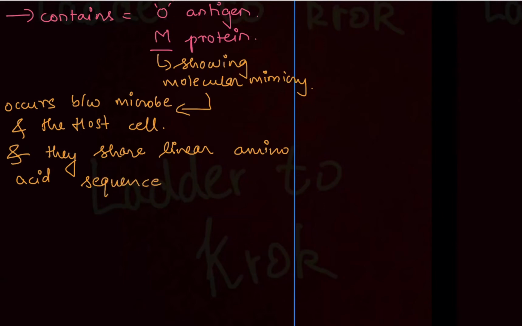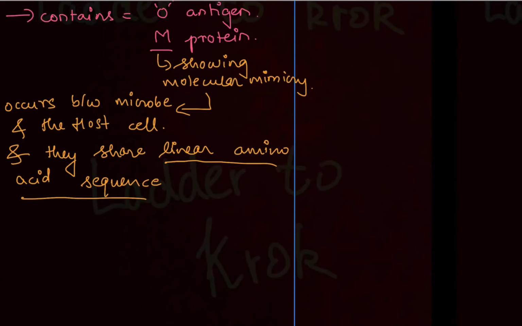It means an organism which has this M protein, or any protein which shows molecular mimicry, will have the same linear amino acid sequence as the host.